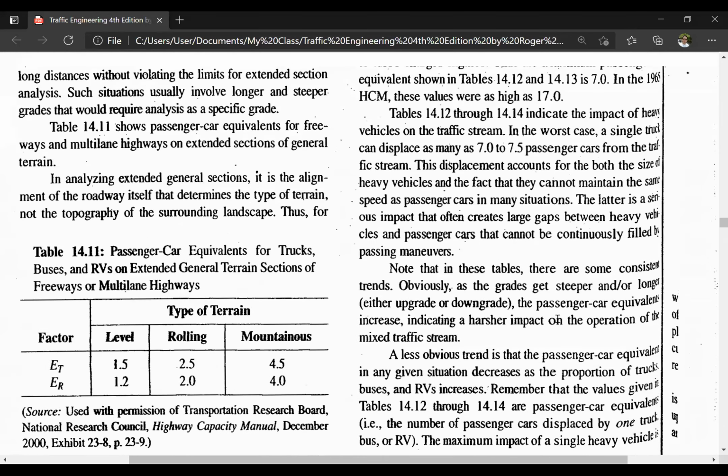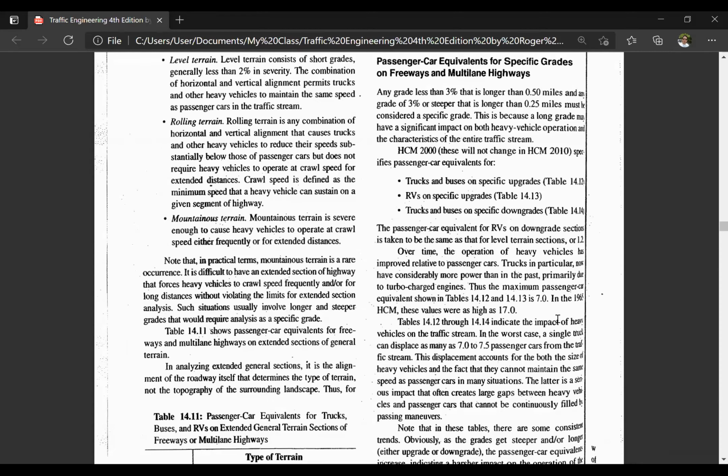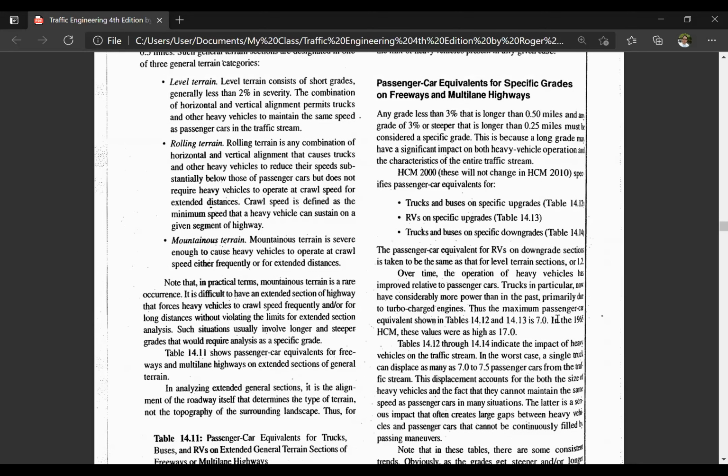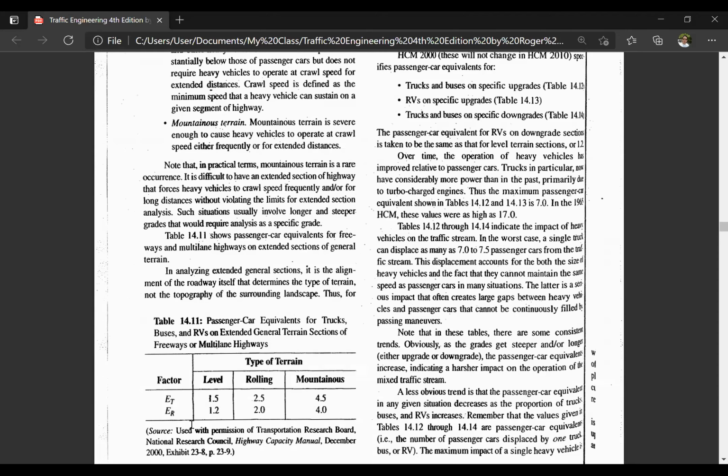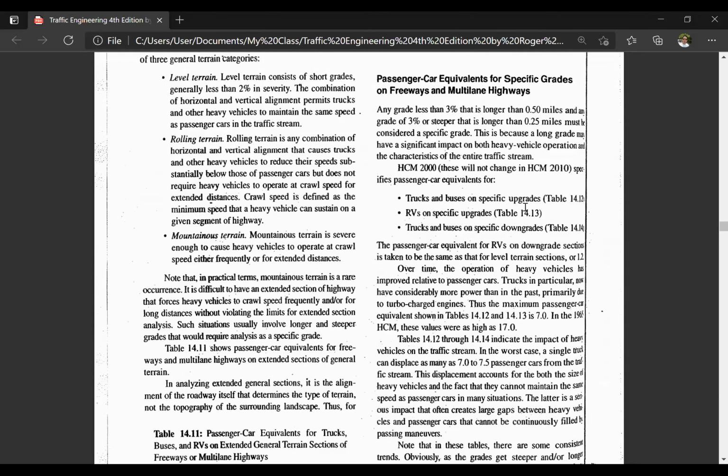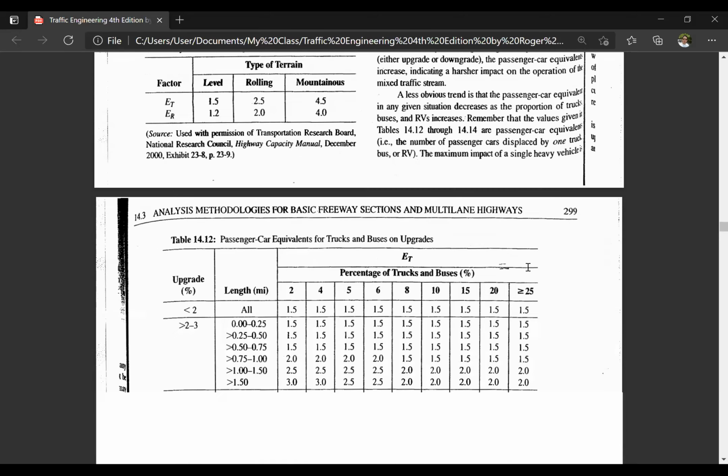Any grade less than 3% that is longer than 0.5 mile, or any grade of 3% or steeper and longer than 0.25 mile must be considered as a specific grade. So instead of using this, you may have to use the table right here.